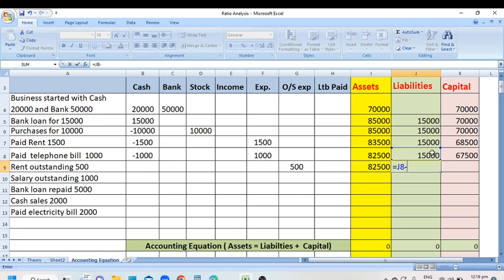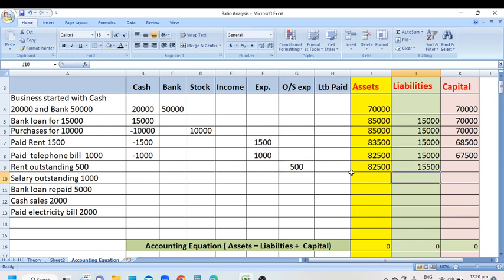So 15,000 plus outstanding expenses, because outstanding expenses is a liability, minus liability paid. When we paid the liability, we can see up there we have a bank loan for 15,000. When we pay that, the liability will be reduced, right?